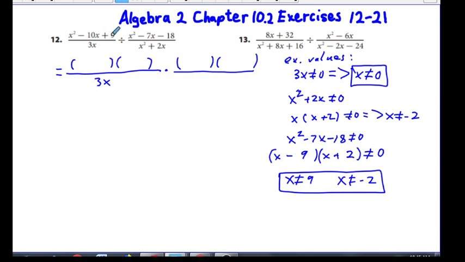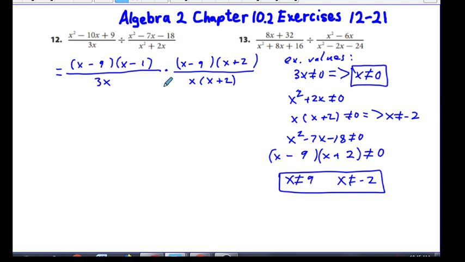We got a minus here and a plus. So we got to have a minus times a minus. And that's going to be 9 and 1. So x and x, 9 and 1. And so that's that. In the right one, we have x minus 9, x plus 2. And in the denominator, we have x times quantity x plus 2.